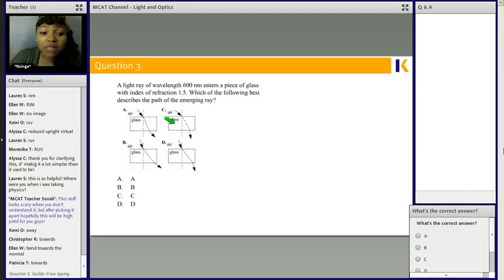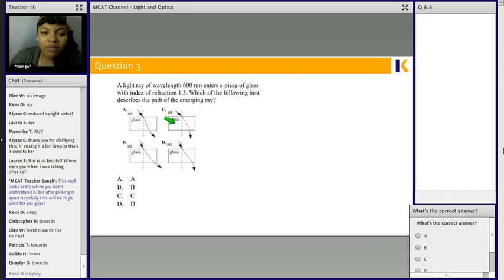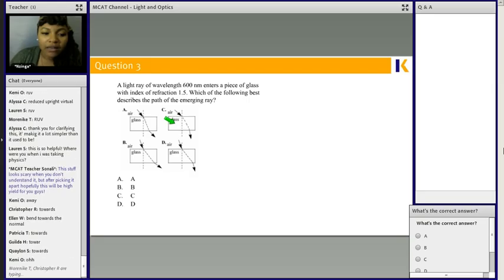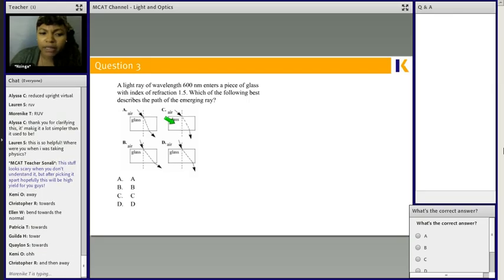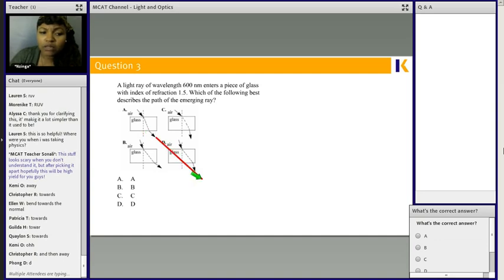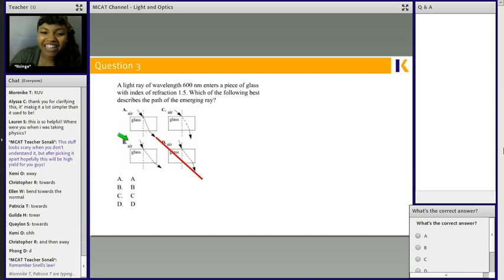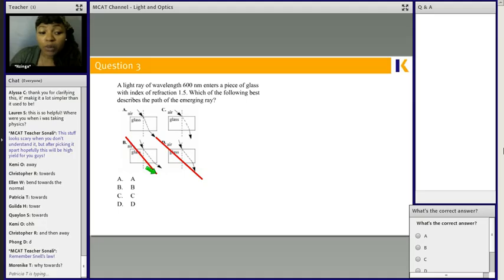It should have been towards the normal. So we look at this, and answer choices that aren't bending towards the normal, like B and D, we want nothing to do with you, because it has a higher value of n. Goodbye. So it should have been towards the normal.